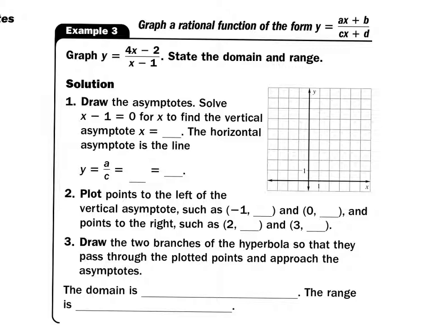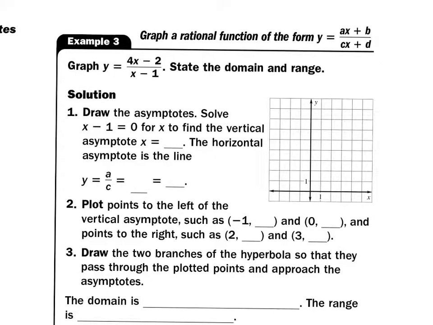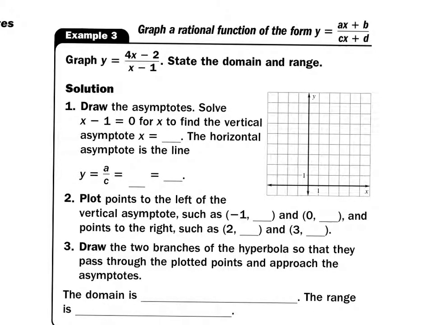Okay, graph a rational function in the form y equals ax plus b over cx plus d. Now to find the asymptotes on these forms, you need to take the denominator of the fraction, set it equal to 0, and solve it, and that number will be the asymptote for the x line, x equals whatever.